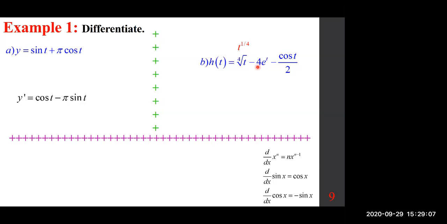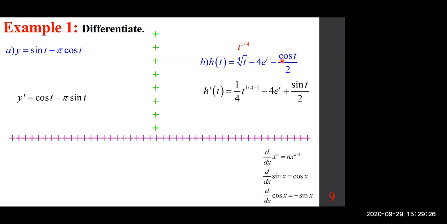The second one is just itself. The third one, minus 1/2 cosine t. So if you have to rewrite it, notice it is negative 1/2 cosine t.